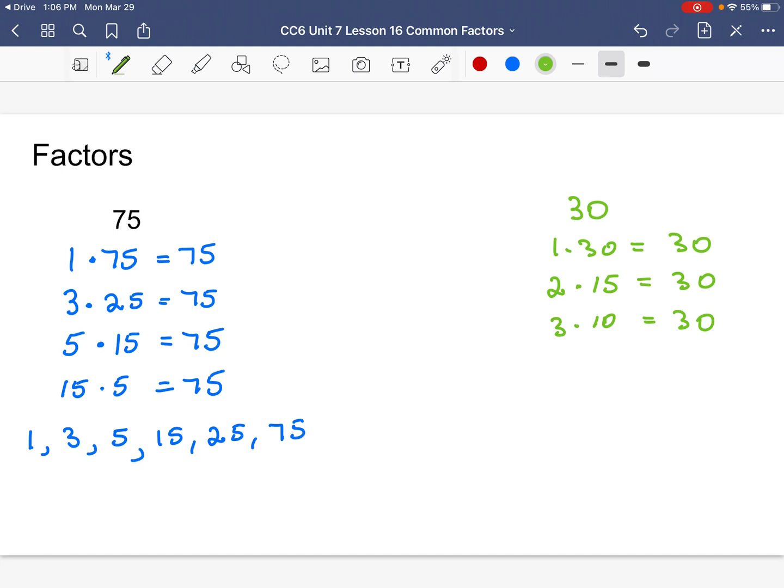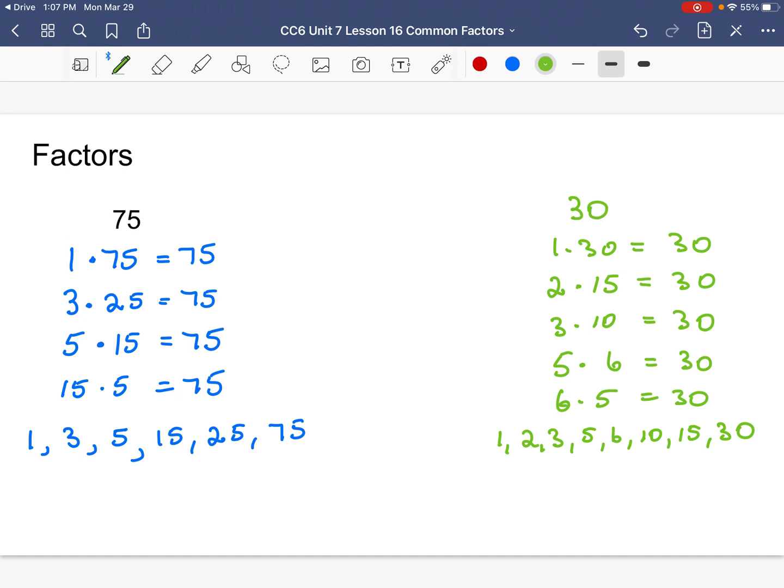I can divide it by 5. 5 times 6 is 30. And continuing then, 6 times 5 is 30, and I already have that in the row above, which means I'm finished. So to put these in numerical order, I would have 1, 2, 3, 5, 6, 10, 15, and 30. So those are the factors of 30.